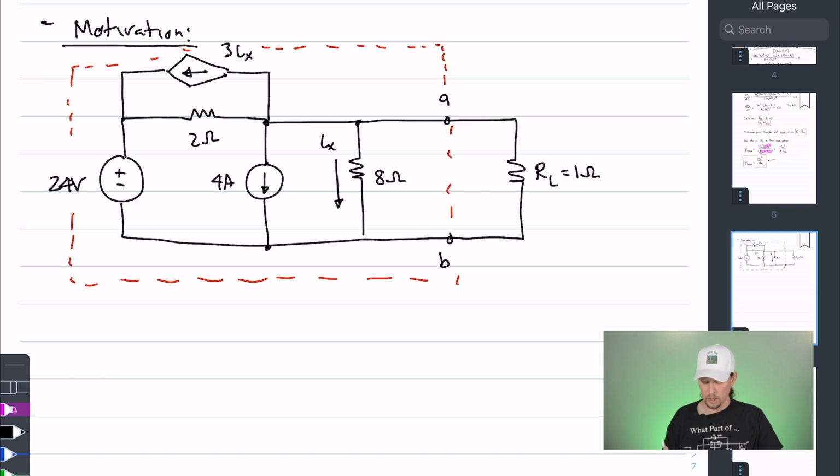However, notice that a significant problem arises if, let's say, we change this load resistor from having a value of 1 ohm to a 10 ohm resistor, or maybe a 100 ohm resistor.